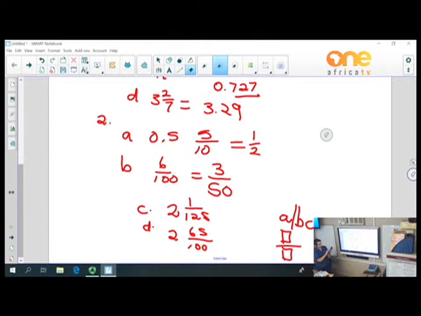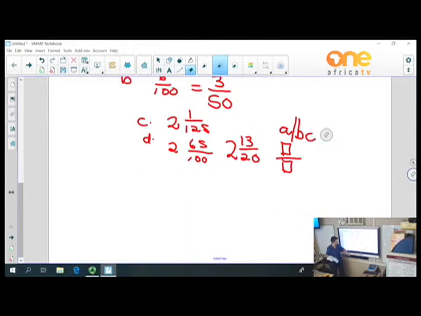So we say 65 ABC 100, or 65 with those two blocks. It's on the left-hand side of your calculator, and then it simplifies it automatically. So it's a nice button to use. What do you get? I get 13 over 20. 13 over 20. Sorry, you shouldn't change the 2. Remember, the 2 is a whole number. I think you changed the 2 as well. That's what you did there.